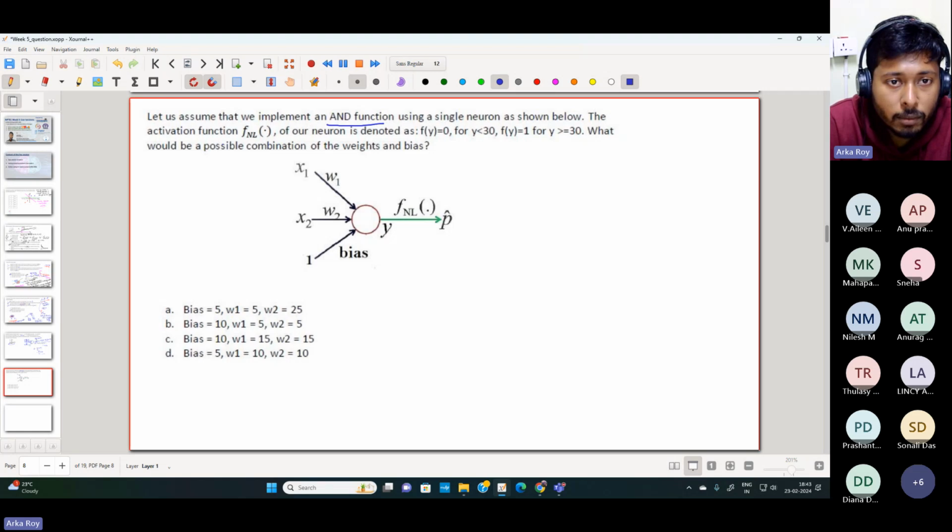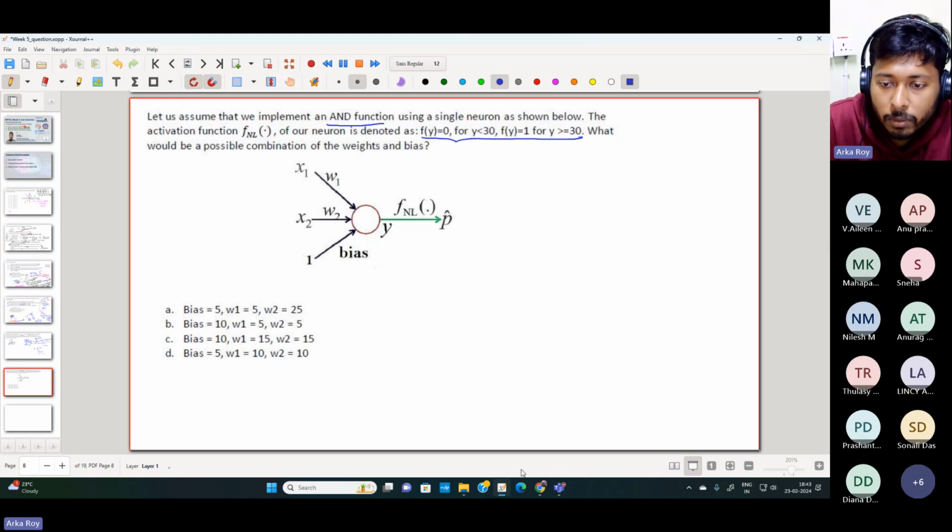So the activation function f of NL of a neuron is denoted as, so they have given a definition of the nonlinear function and what would be the possible combination of weights and biases. So they have given some weights and biases, and you need to see for which of the weights and bias values you are getting correct classification of the AND function.